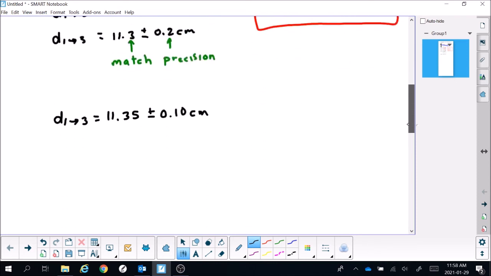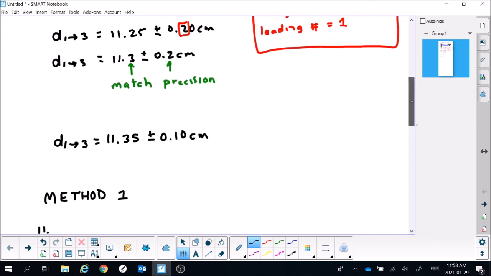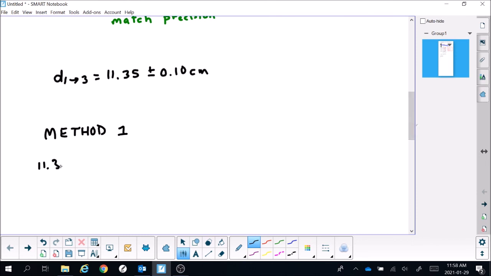So, using method 1, we got a value of, I believe it was 11.3 plus or minus 0.2 centimeters. Using method 2, we got a value of 11.35 plus or minus 0.10 centimeters.